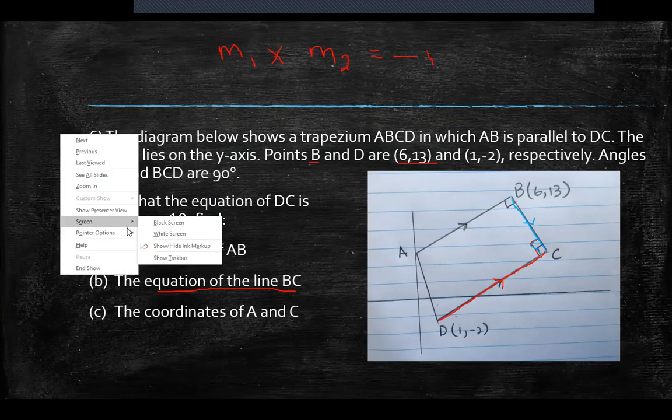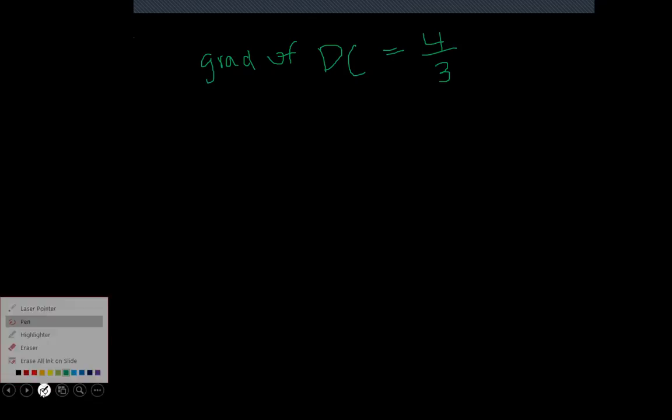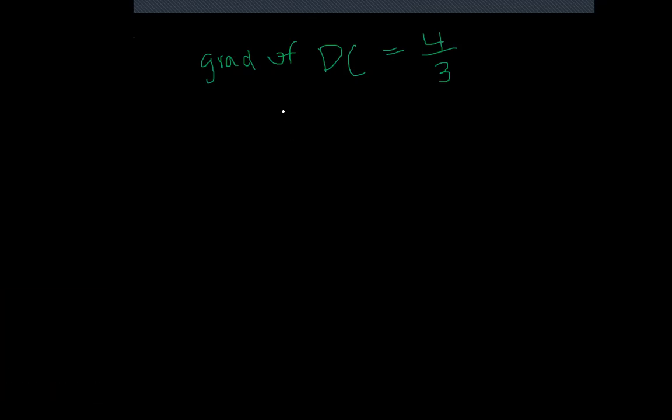So knowing that, we found out from the part before that the gradient of DC is equal to 4/3. And we also just found out that the line BC, the equation they want us to find, is perpendicular to this line DC.